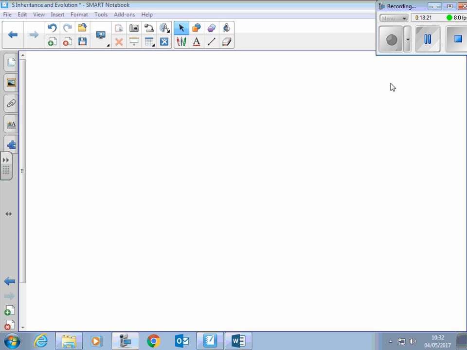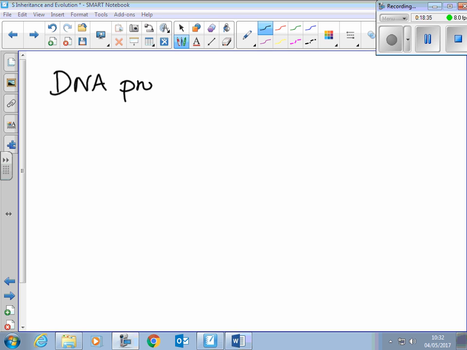Okay, so this idea of DNA probes or gene probes, the two things mean the same thing. A DNA probe and a gene probe are exactly the same thing, and they are nothing that's too difficult to understand.